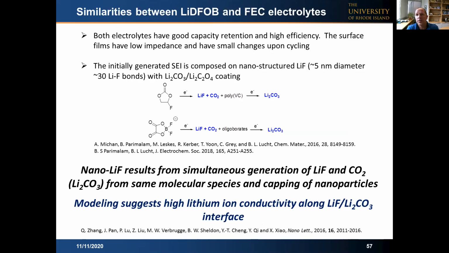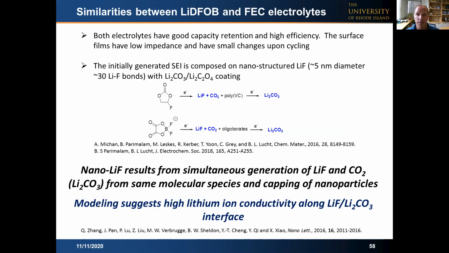So what are the similarities between these two electrolyte formulations, lithium difluoroxalato borate and FEC-containing electrolytes? Well, first off, we've gone back and characterized the fundamental reduction reactions of both of these components, FEC and lithium difluoroxalato borate, by lithium naphthalide reduction reactions.